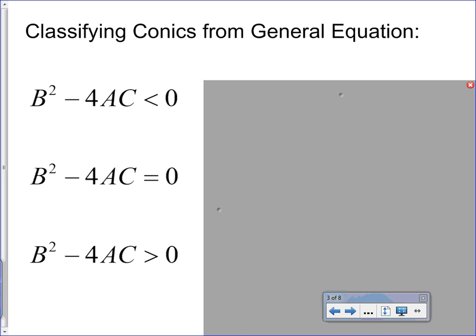We won't be able to tell just by looking at the coefficients of the x squared and the y squared terms what shape it is. So we have to actually calculate b squared minus 4ac. Does b squared minus 4ac look familiar to you? What's it from? Distance formula?